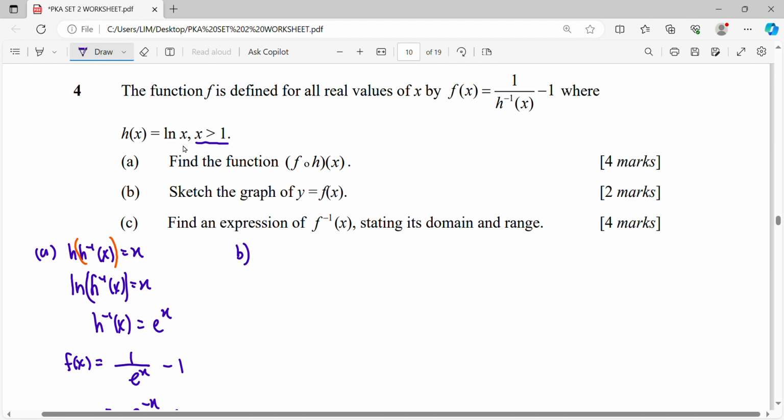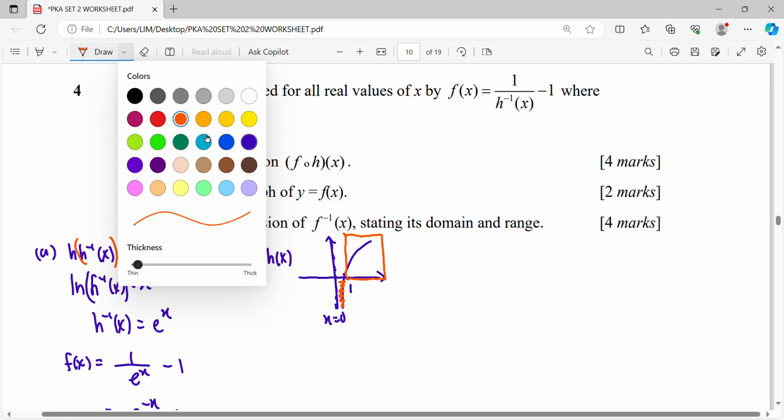Starting from h(x), the graph of ln x, supposedly the asymptote happens at x equals 0, and then it goes up like that, with intercept 1. Since the condition is x more than 1, the domain states that they only want this side. The rest of it is not involved.